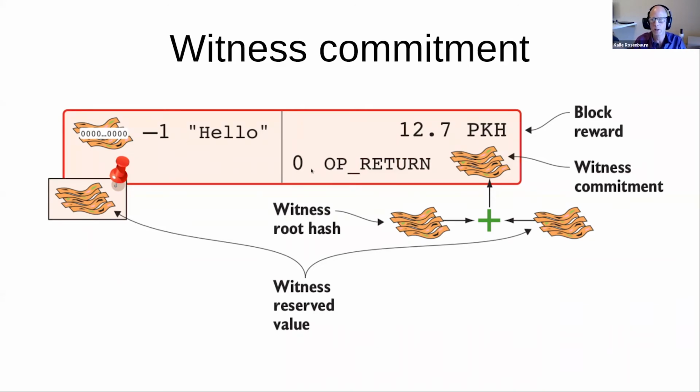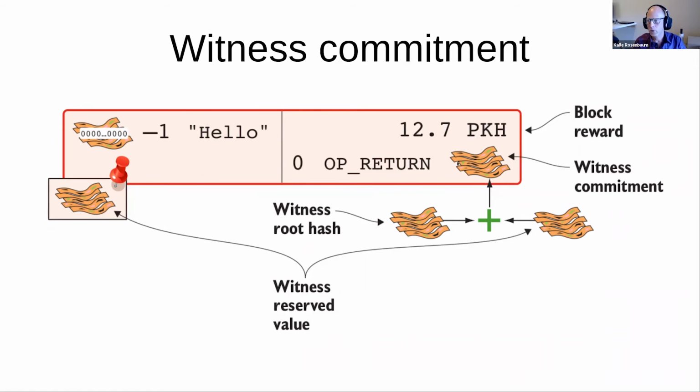So why keep it in the unspent output set? So this is a way to store arbitrary data in transactions without bloating the UTXO set. You can read more about that in chapter 9 as well.